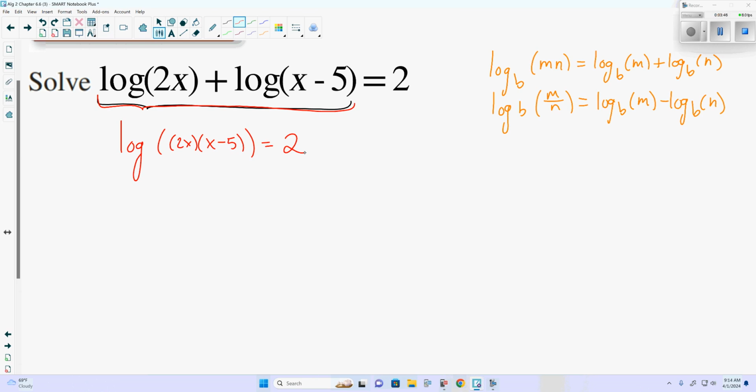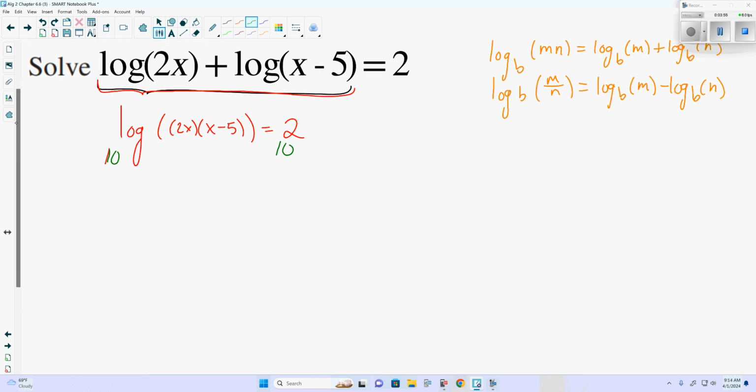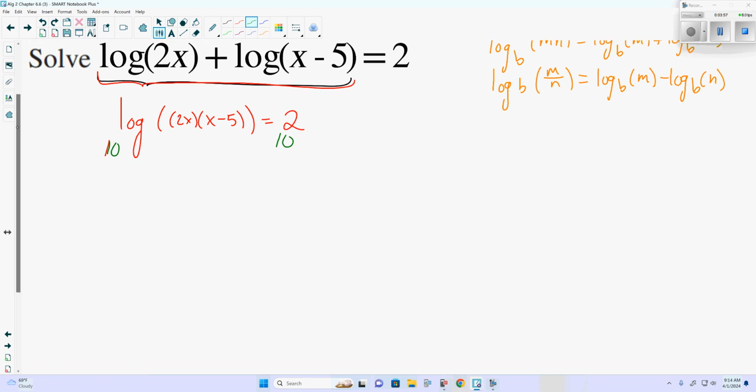So, to simplify these logs out, we're going to put both sides to the base of 10. The reason we use 10 is because even though it's not written, the base of this log is understood to be 10. If the base is not written for log, it's 10. And the base of our natural log is e.